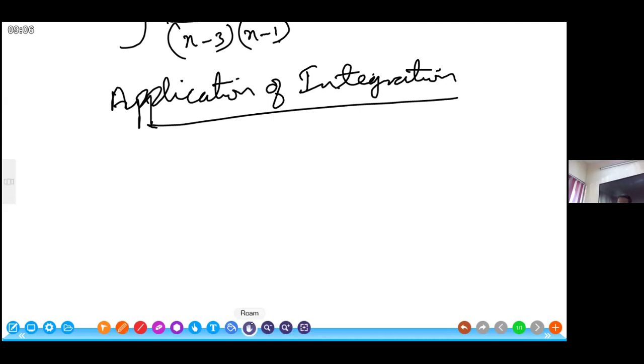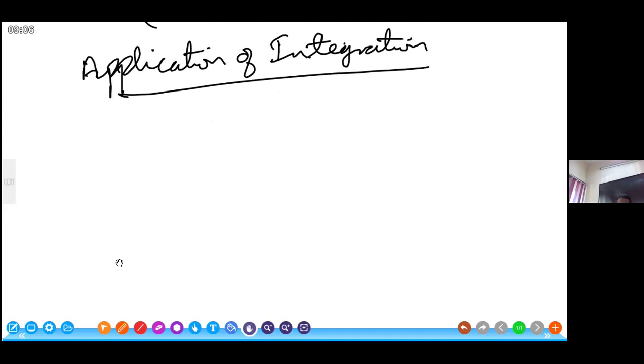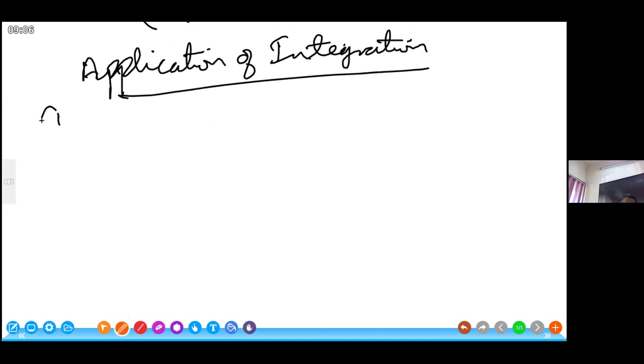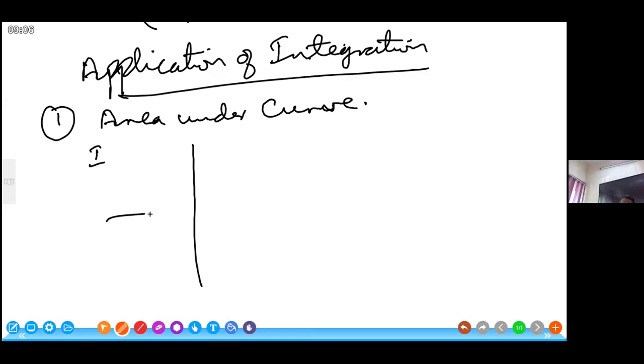First one: area under the curve. When you talk about area under a curve, you have the x-axis and the y-axis.